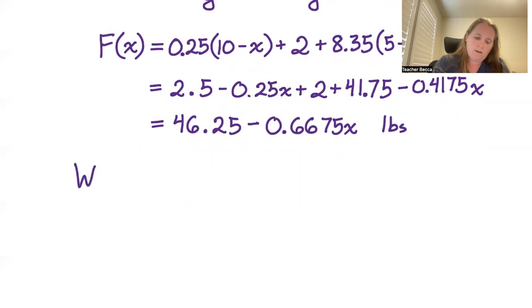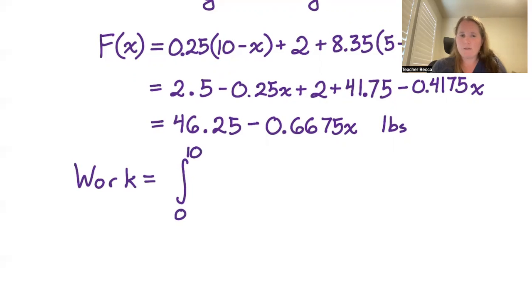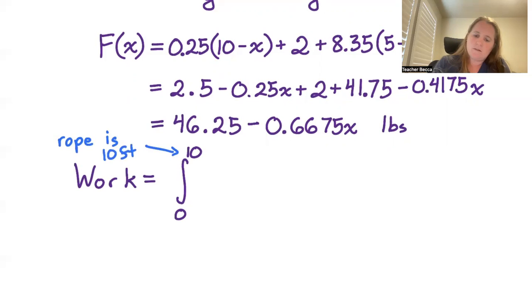So to find our work, again, the formula for work was we took the integral from our starting position, x equals 0, to ending position, x equals 10, because the rope was 10 feet, of f of x times dx.